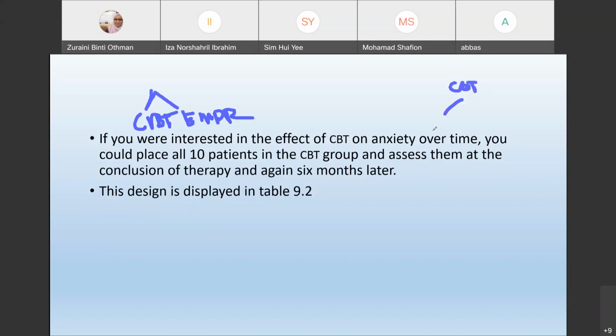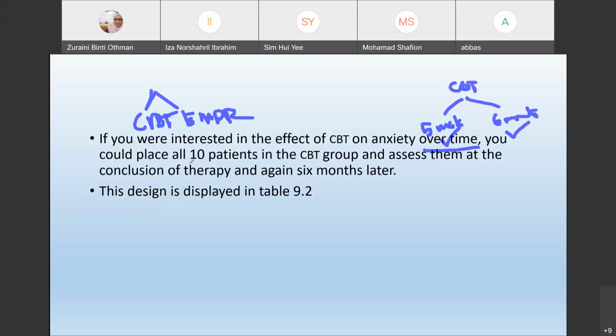We want to know whether, after 5 weeks, there is any difference compared with after 6 months. These are the two time points: a short time, 5 weeks, and a long time, for example 6 months.